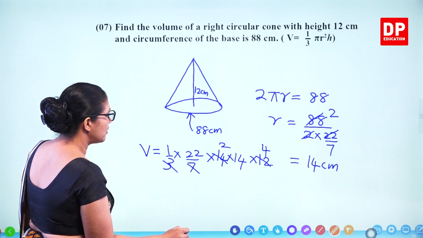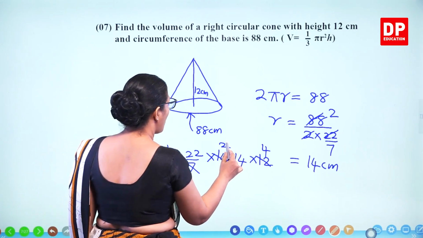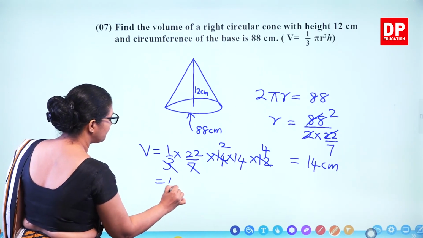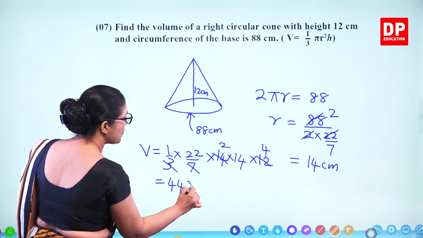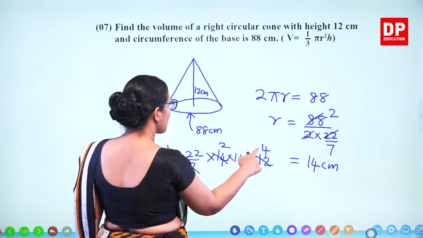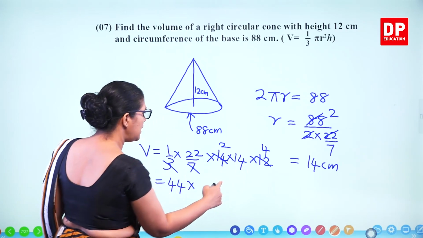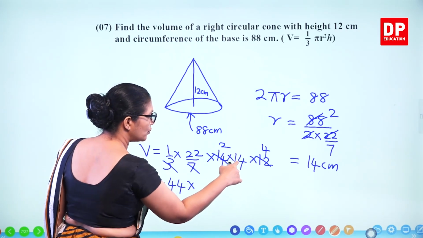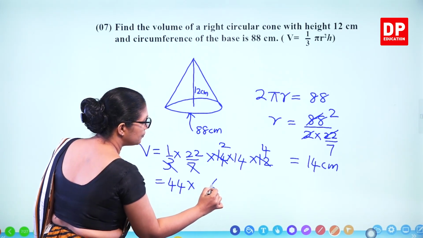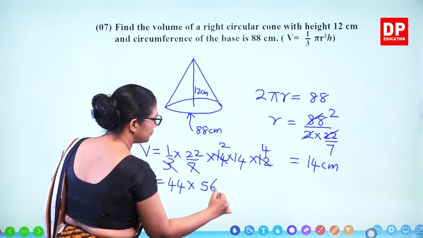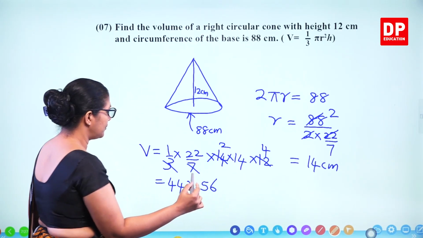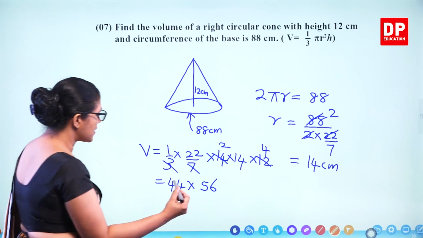You get 44 times 14 times 14, 14 times 4, 56. 44 times 56.